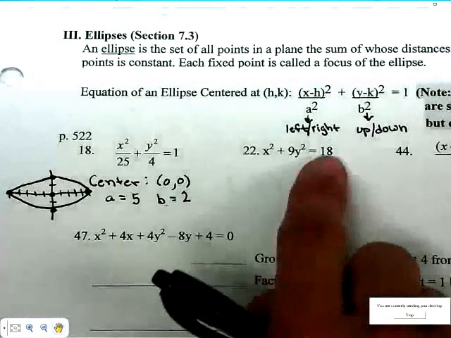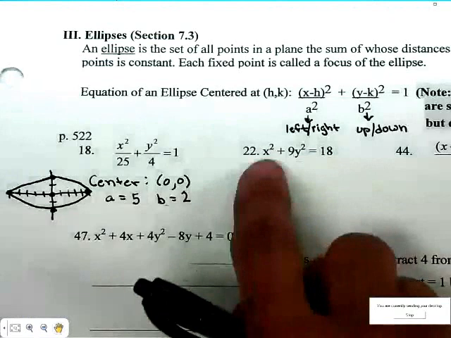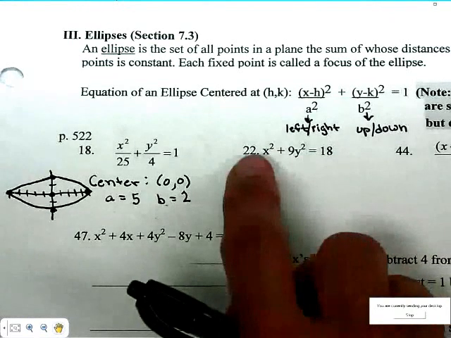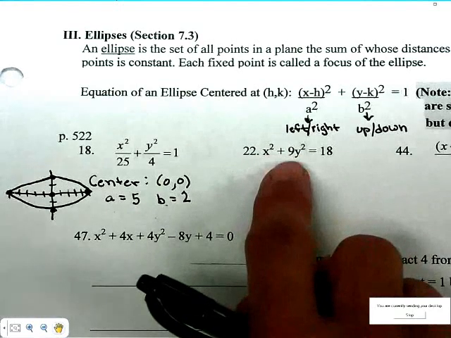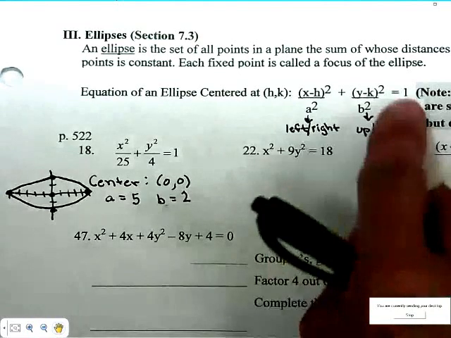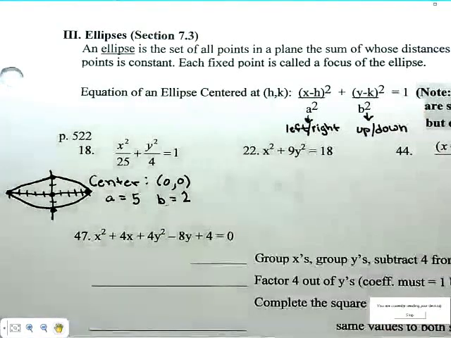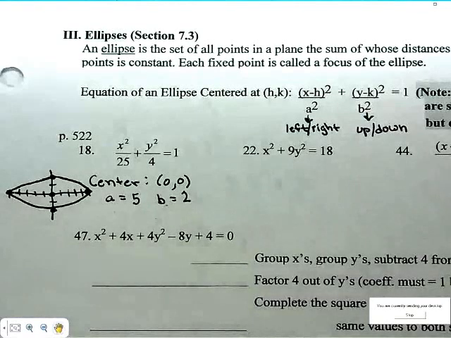I can tell that it's an ellipse. I can definitely tell it's not a parabola because both variables are squared. It's not a circle because both coefficients are positive but not the same. That's what tells me it's an ellipse. But how can I get it in this form that has a 1 on the right-hand side? I thought somebody might say subtract 17 from both sides.